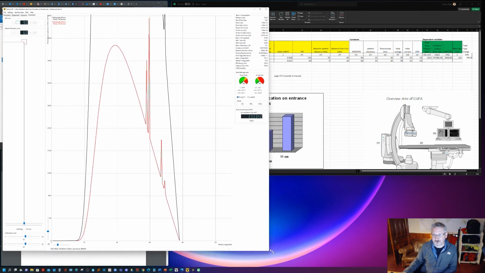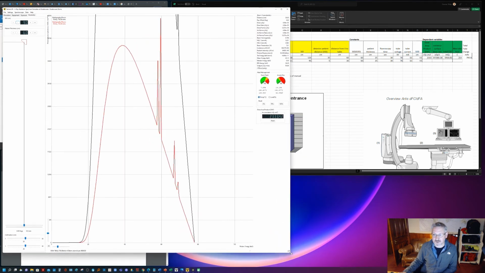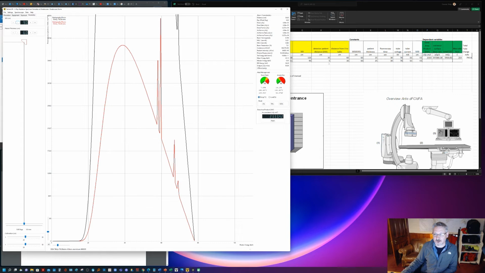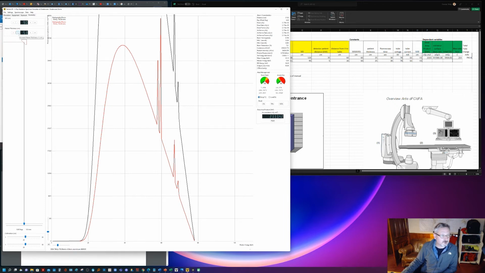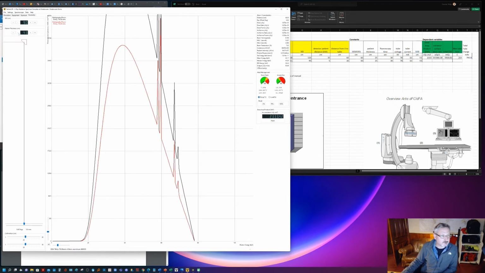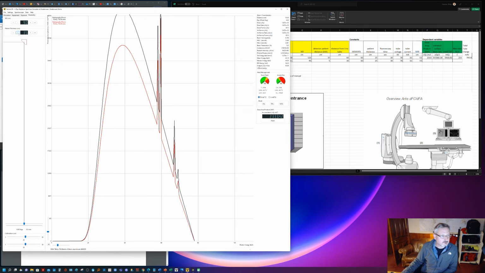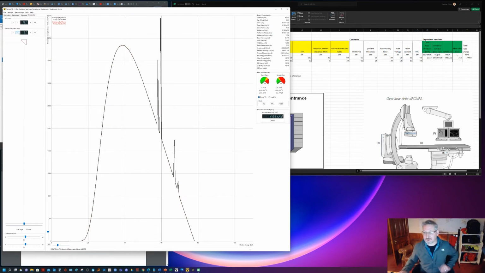But never fear, because what's also going to change is the distance from the image intensifier to the table. So that's going down to 30, so we're bringing the intensifier right in close to the patient. So only 5 centimeters away from the patient now. So bang, that's brought it back to the same.